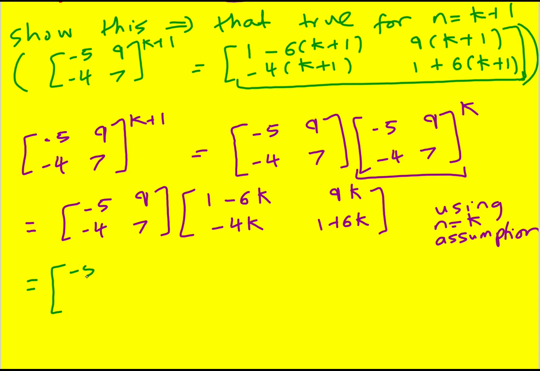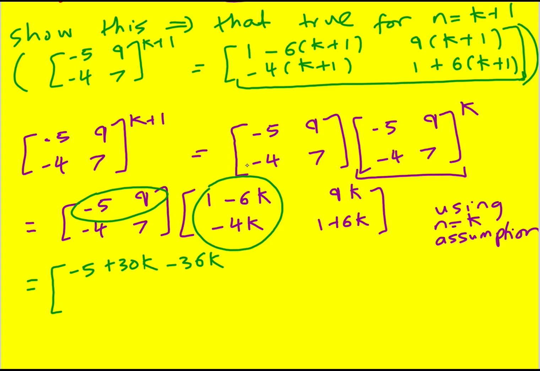So I've got minus 5 plus 30k minus 36k. I've just dealt with this row and this column. And then it's the same row, but this column. So minus 45k plus 9 plus 54k.